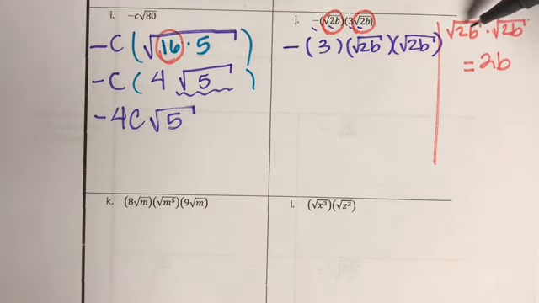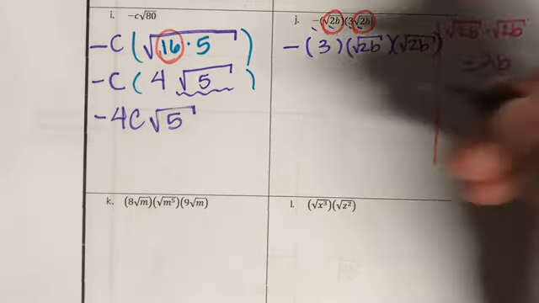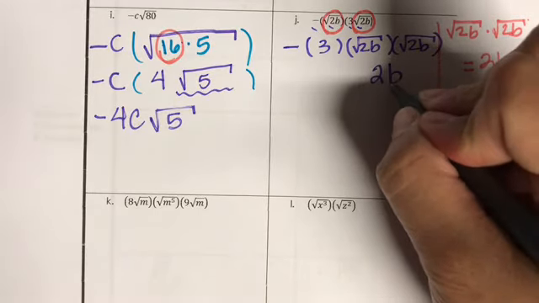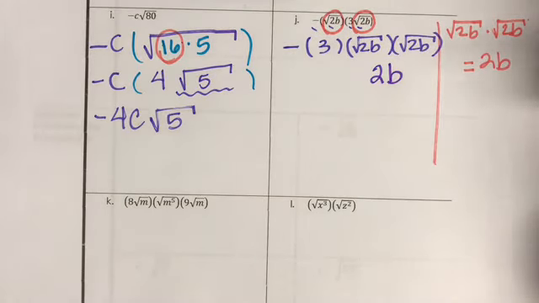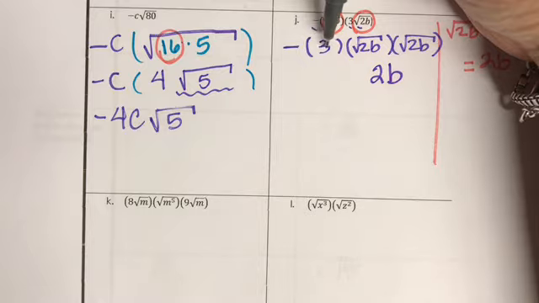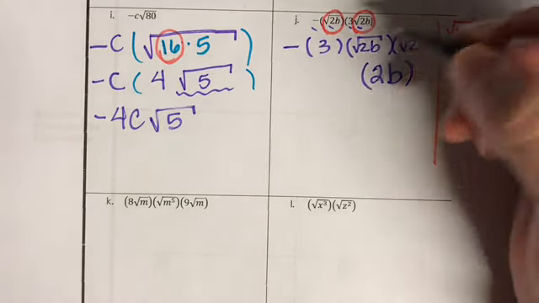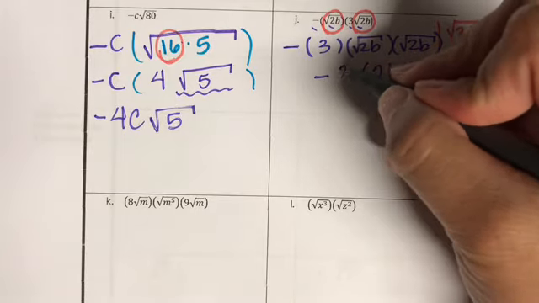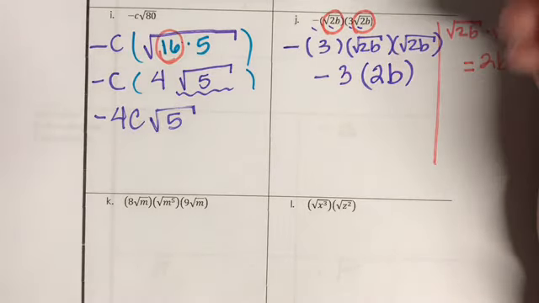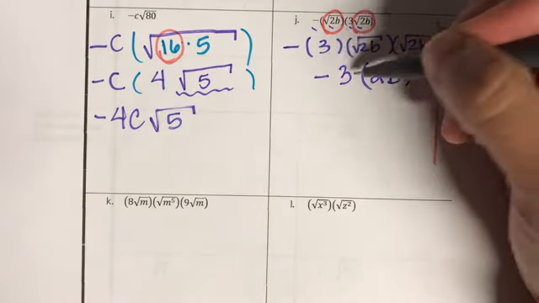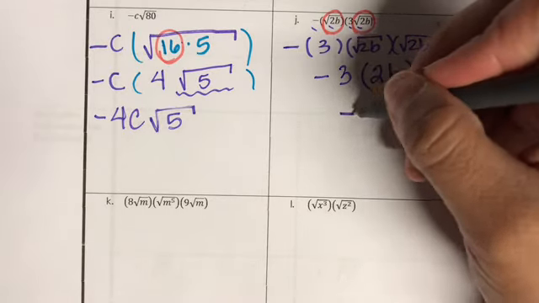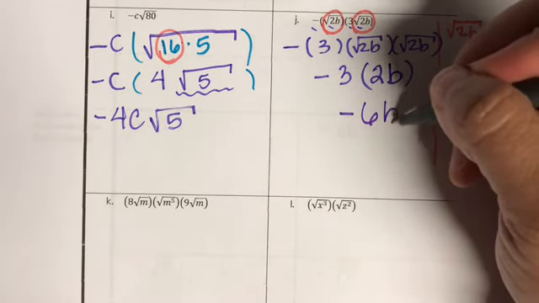As we discussed, whenever I have the square root of the exact same thing multiplied by itself, they cancel out and give me what's underneath. So I know this for sure is 2b. So negative 1 times 3, this is still multiplication, is going to be negative 3. I'm going to go ahead and distribute. Negative 3 times 2b is negative 6b.